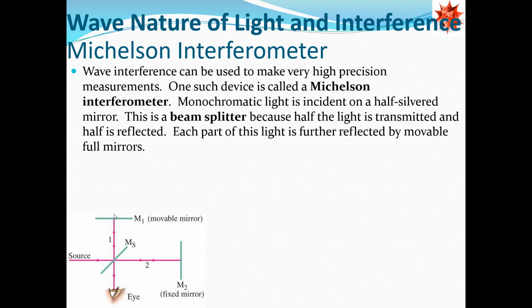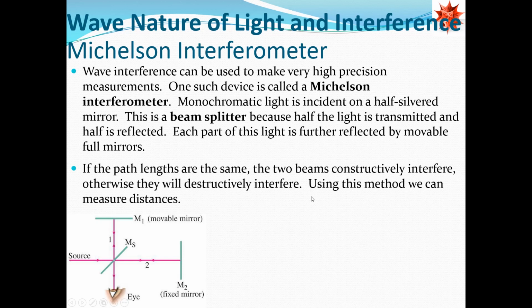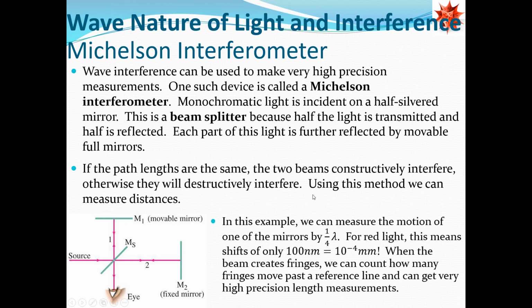That would be based off of the wavelength of the light you're sending through this interferometer. Yeah, so that's pretty much it. Here it says that we can measure the position of one of the mirrors to within about 100 nanometers. So that's a pretty good measurement for high precision.